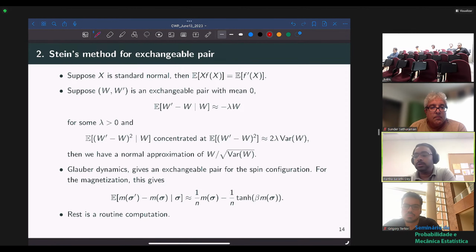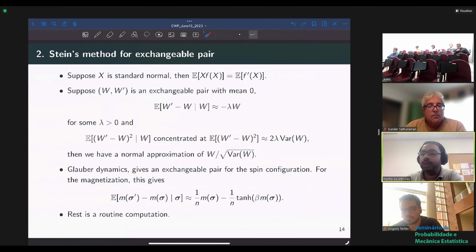I'm not going into the details, but the main idea is that a standard normal random variable satisfies Gaussian integration by parts. If it is normal 0, 1, and f is a nice function, say Lipschitz, then expectation of x f(x) is equal to expectation of f prime(x). Moreover, if this is approximately true, then one can also prove convergence to normal.